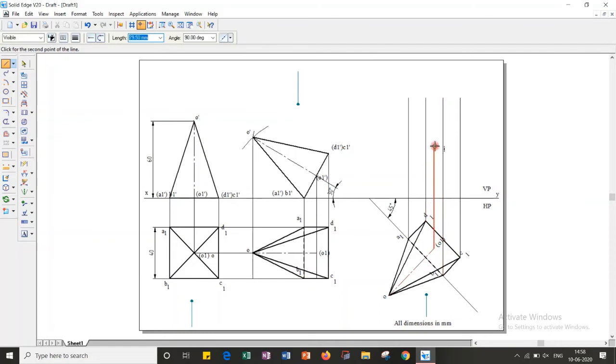We need to project a vertical line from O1 as well. And horizontal lines from different points.